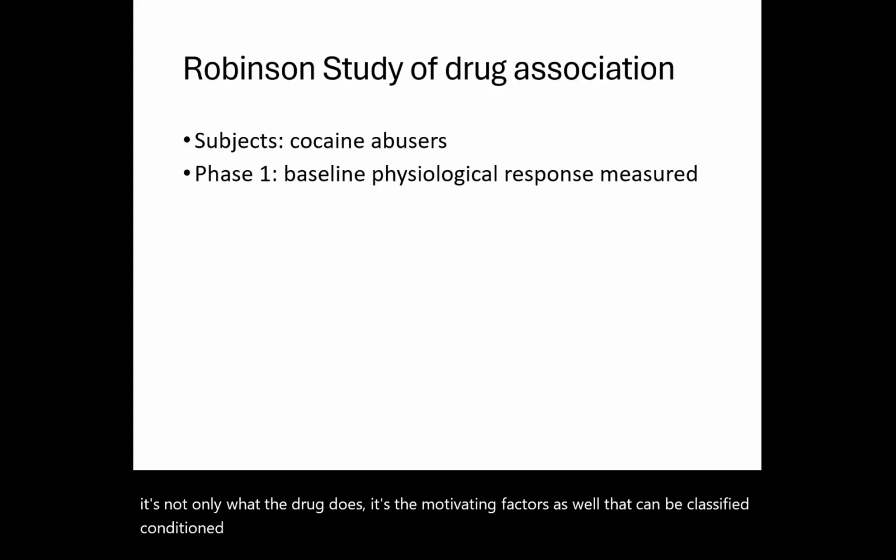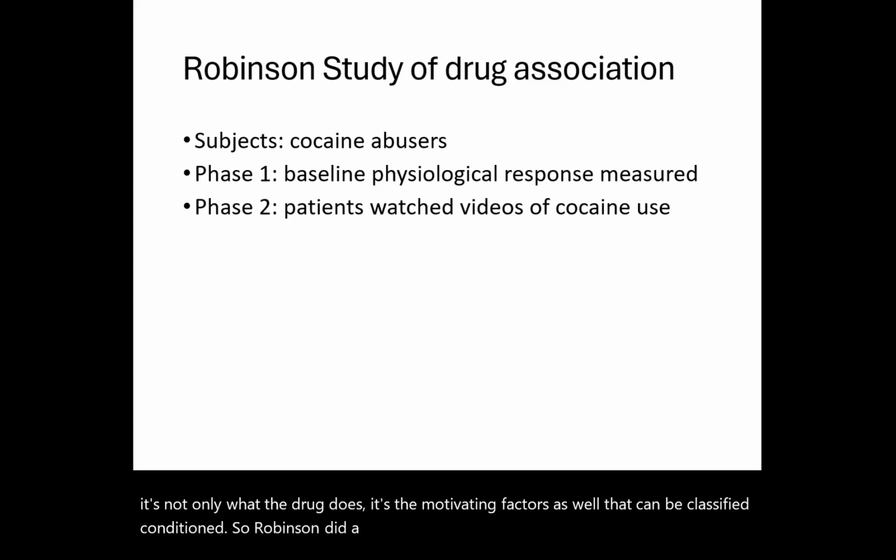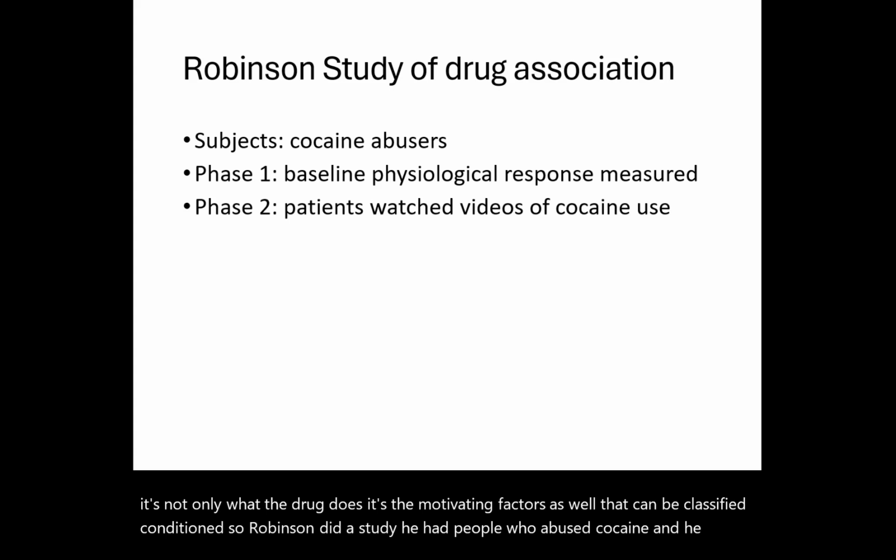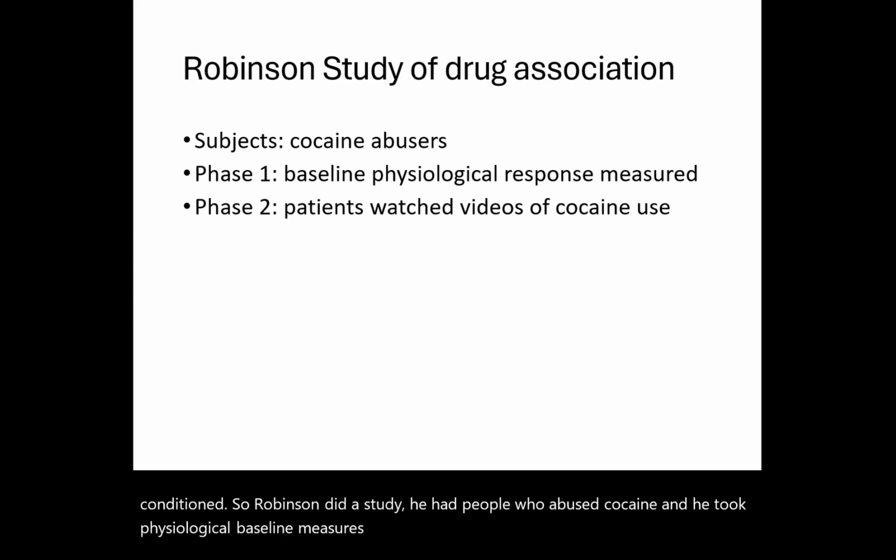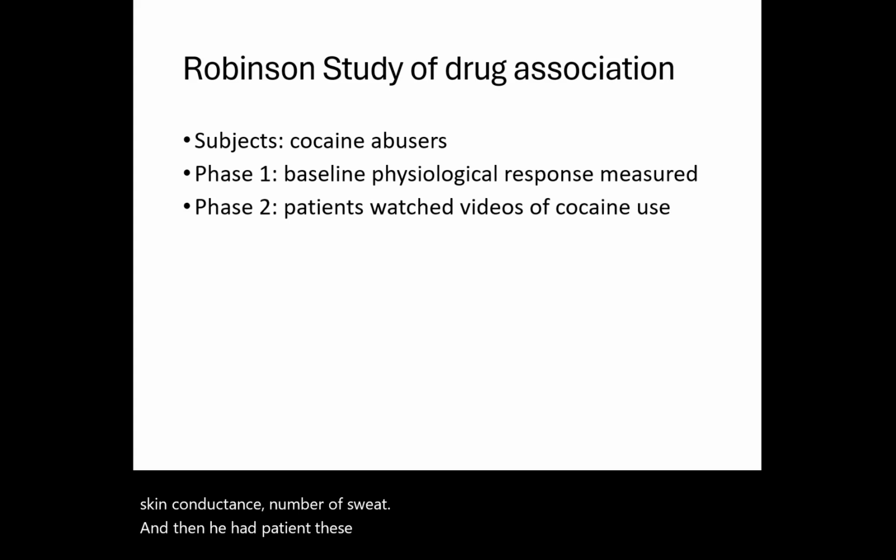So Robinson did a study. He had people who abused cocaine. And he took physiological baseline measures of their heart rate and their skin temperature and their skin conductance, number of sweat. And then he had these people watch videos of people using cocaine.